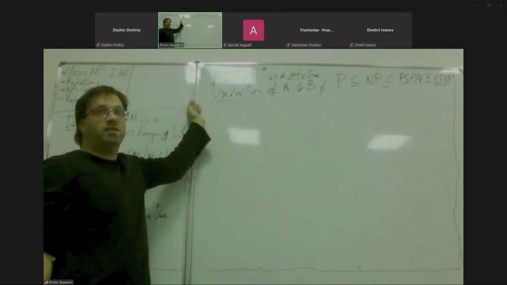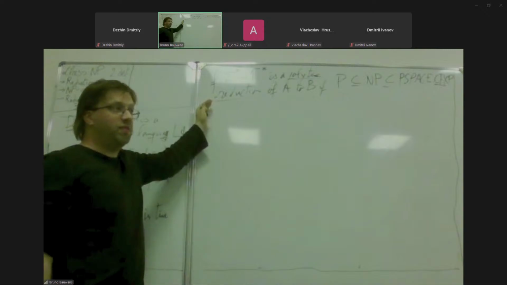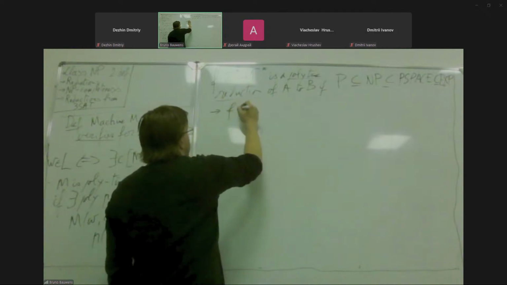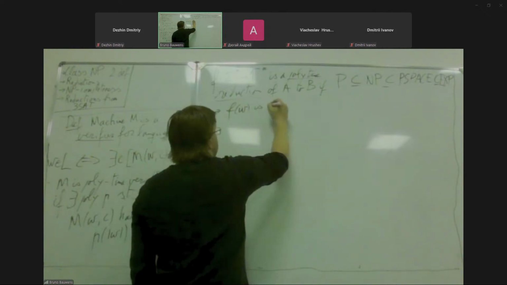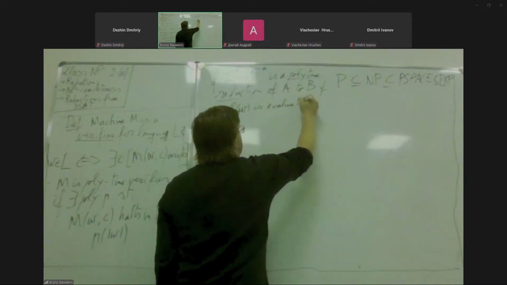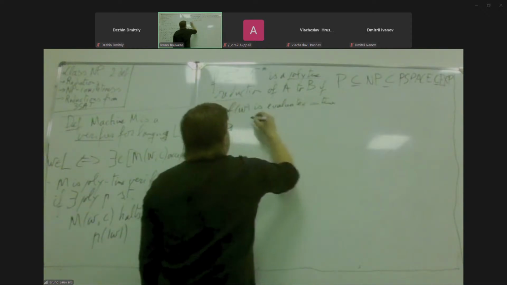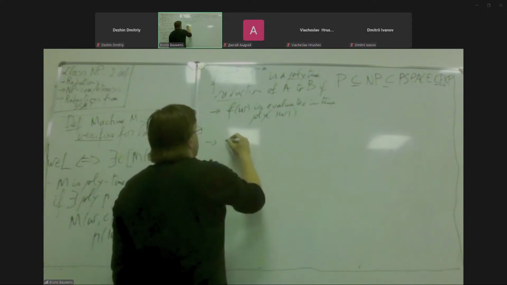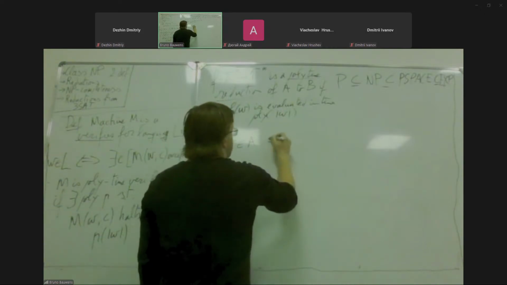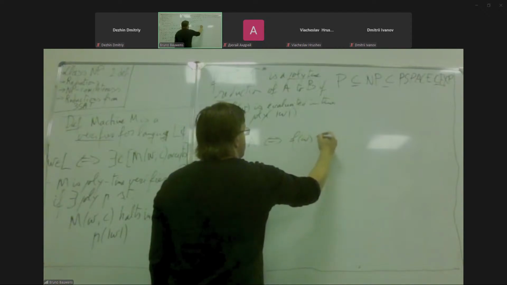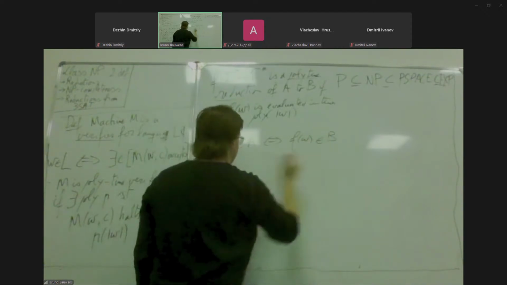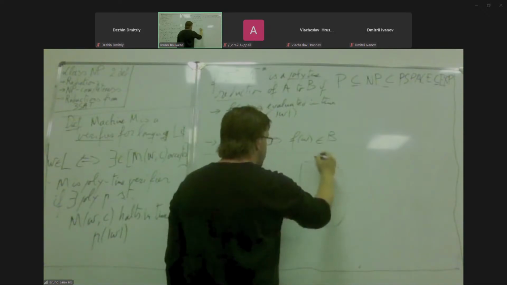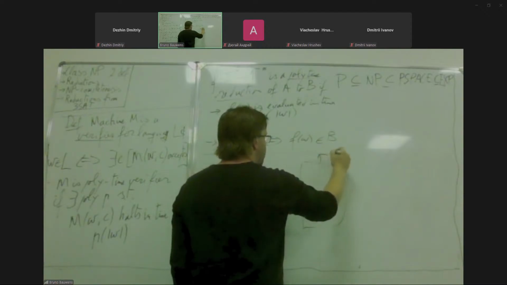Second, the yes or no answers do not change after applying the reduction: W is in A if and only if F of W is in B. So to make it a picture: we have the input alphabet of the first problem, the input alphabet of the second problem.